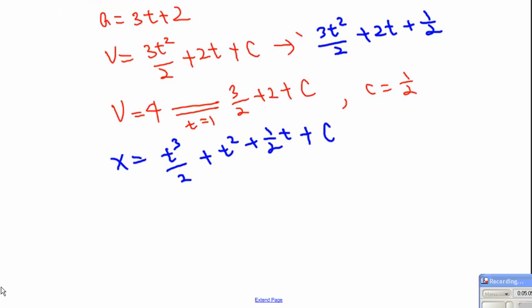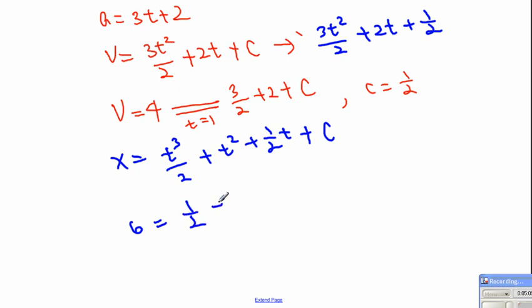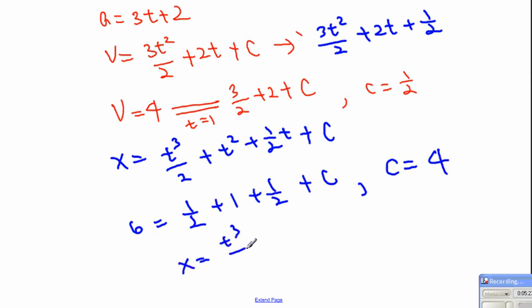So 6 equals 1/2 plus 1 plus 1/2 plus c. Now, then here we realize that c has to be equal to 4. That means x is equal to t cubed over 2 plus t squared plus 1/2 t plus 4.